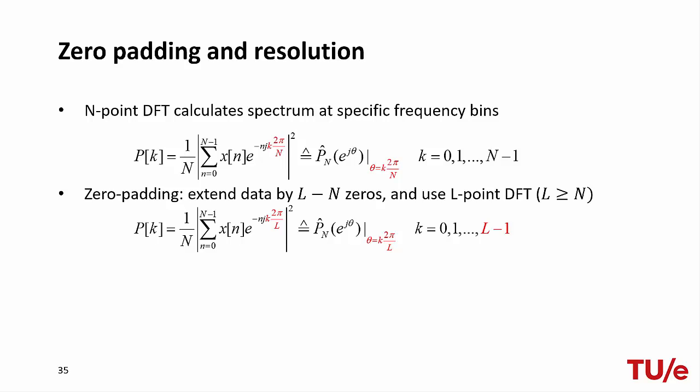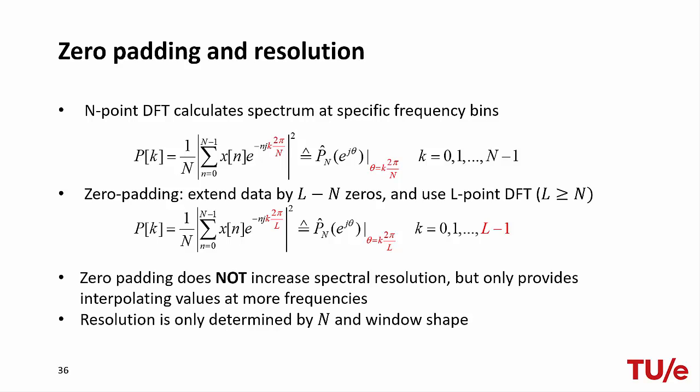And then calculating the DFT, we are now using a number of frequency bins L that is larger than before. However, it is important to note that zero padding does not increase spectral resolution, which is the ability to distinguish different spectral peaks in the obtained spectrum, but rather it calculates the spectrum at more interpolating frequency points, possibly improving its visualization.